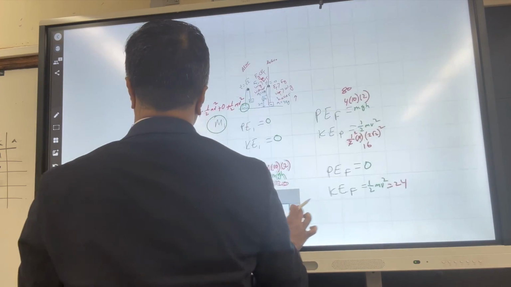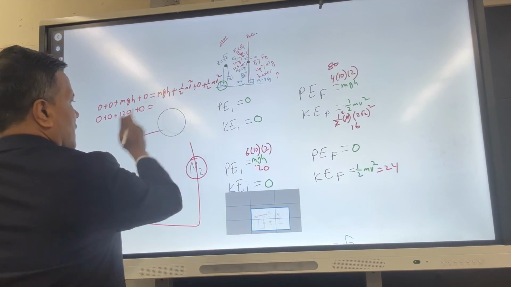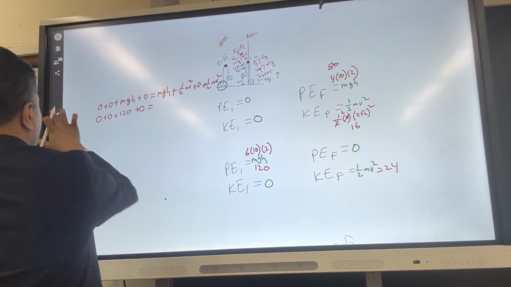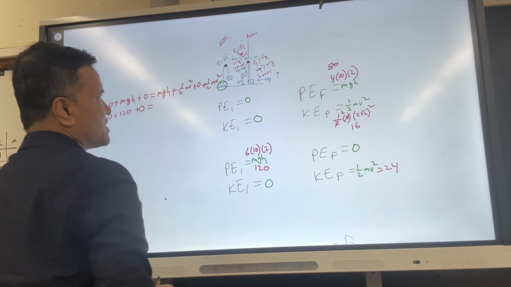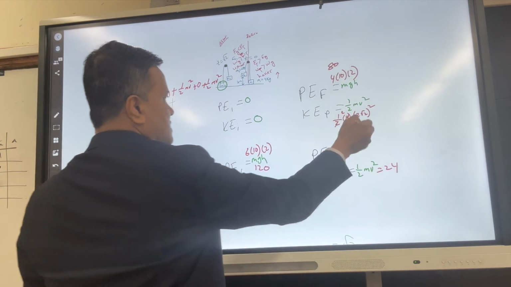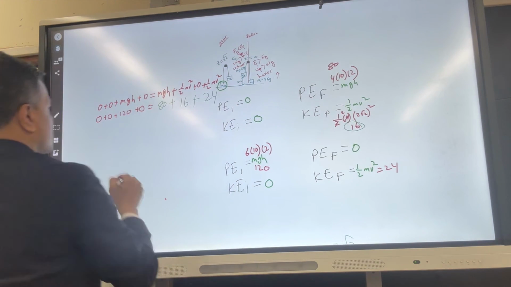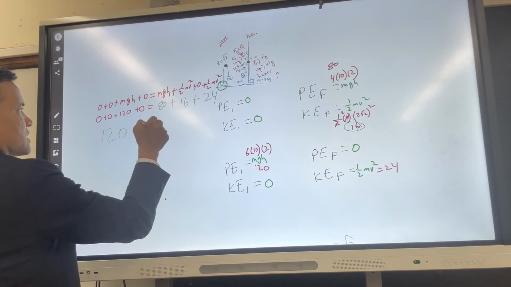Okay, so now come over here. Update it. mgh is 80 plus 16 plus 24. So 120 is equal to 120.